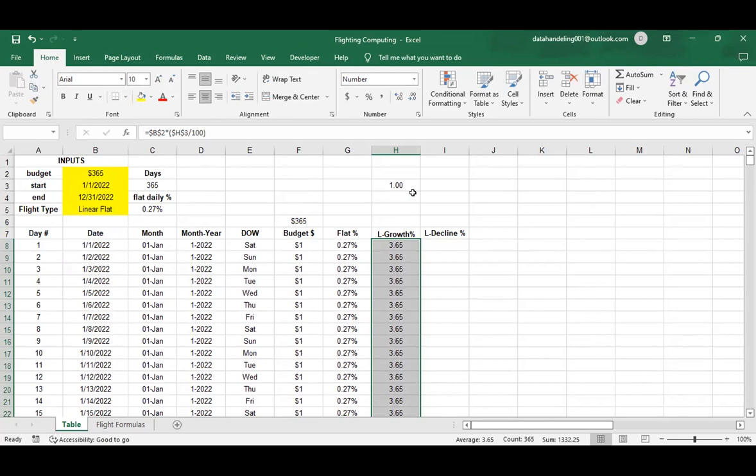Simple. Okay, so we have $365 divided by 365 days.